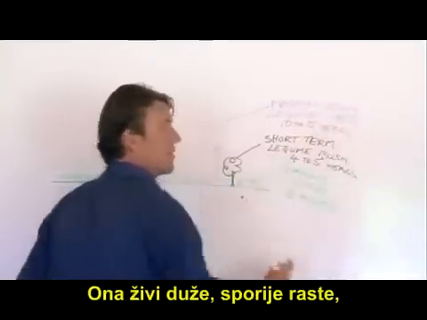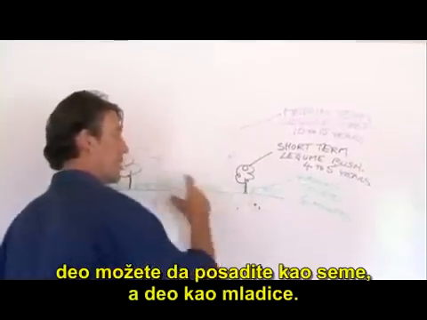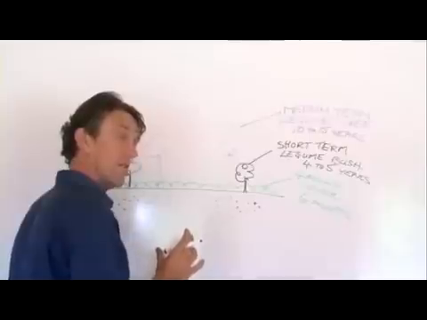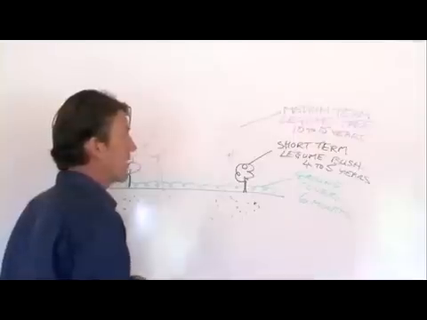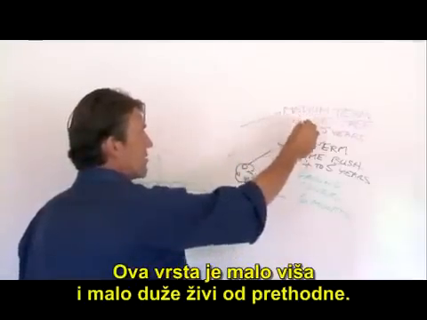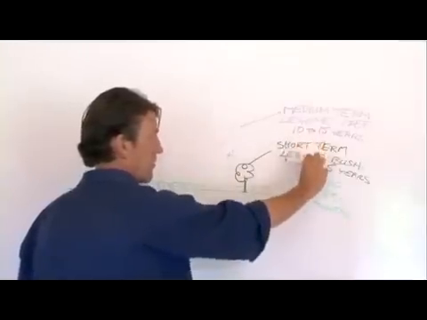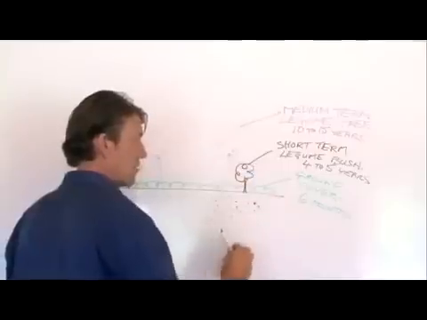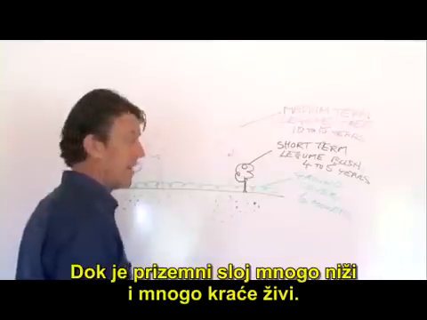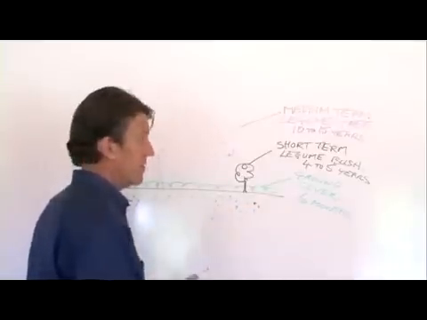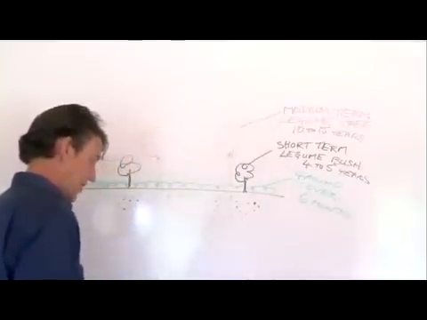It lives longer, it grows a little bit slower, it can grow from seed. You can put some in by seed, and you can put some in pots already started. You can go both ways. It's a little bit larger in size and a little bit longer in years. The one just before it is a little bit smaller in size and a little bit shorter in years. And the ground cover, which we only seed, there's many more of those, and they're much smaller in size and much shorter in years.